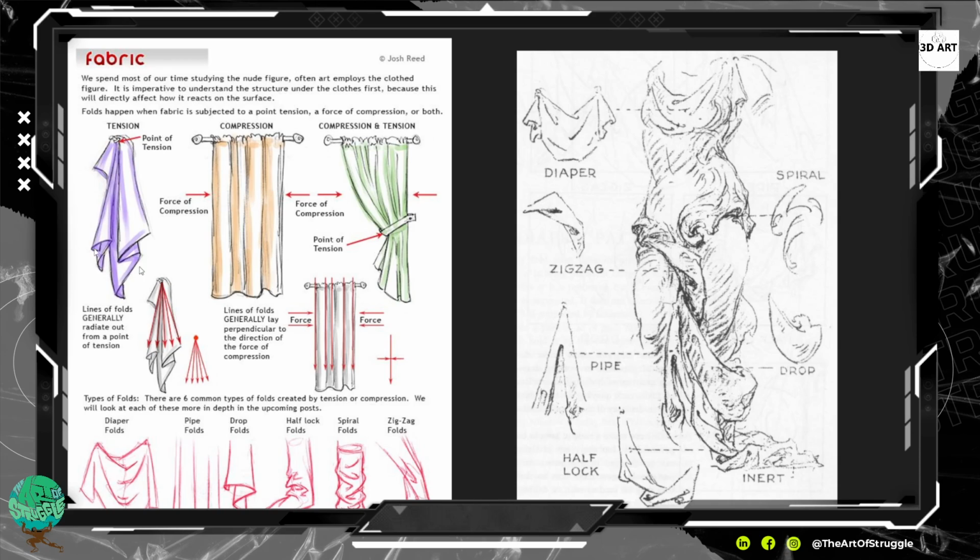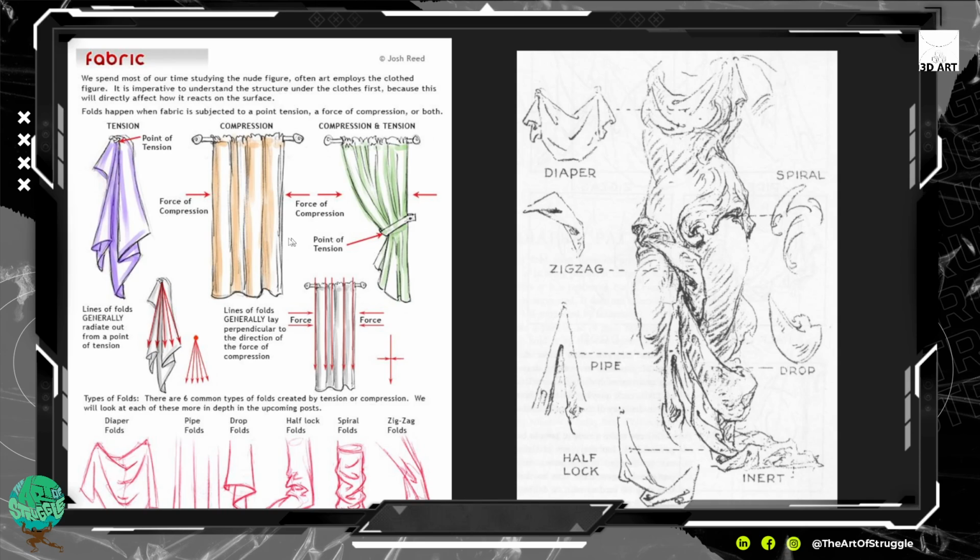All right. So when you look over here, this is the point of tension, right? Imagine if you picked up a blanket or a duvet cover or a bed sheet. Wherever you pick it up is that point of tension, and then gravity affects it, pulling it down, shaping it, right?